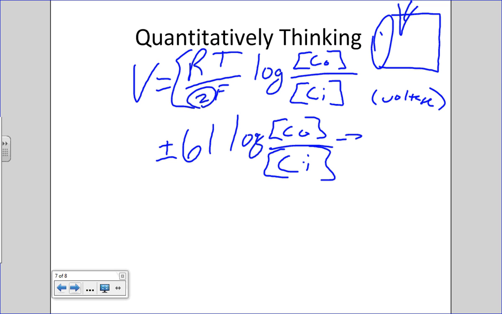Do you remember how much potassium we said was there? We said there's about 140 milliequivalents per liter outside, and about 4 on the inside. So we would write this like so.